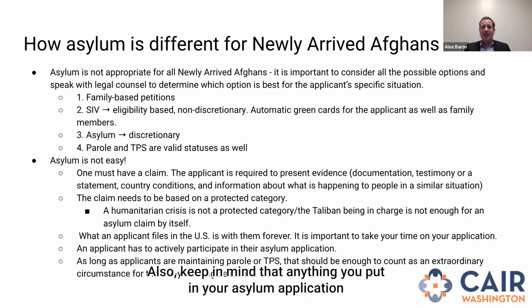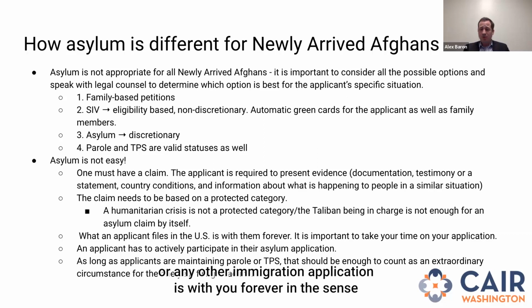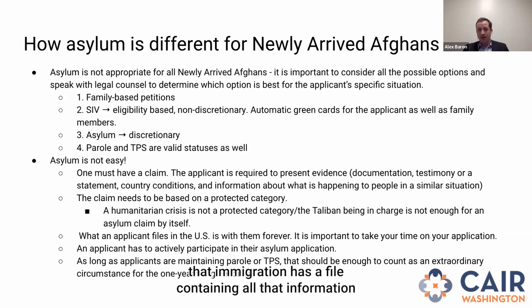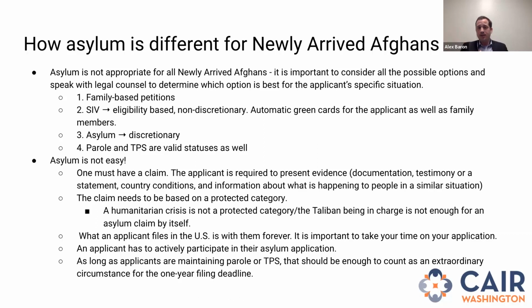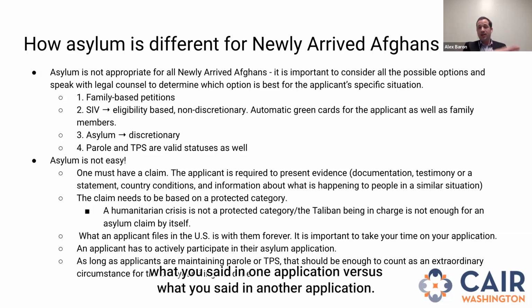Also keep in mind that anything you put in your asylum application or any other immigration application is with you forever, in the sense that immigration has a file containing all of that information. And anything you apply for in the future, whether that be a green card application after winning your asylum, or whether that's applying for a TPS or an SIV case, the immigration officer will be able to look at what you said in one application versus what you said in another application.